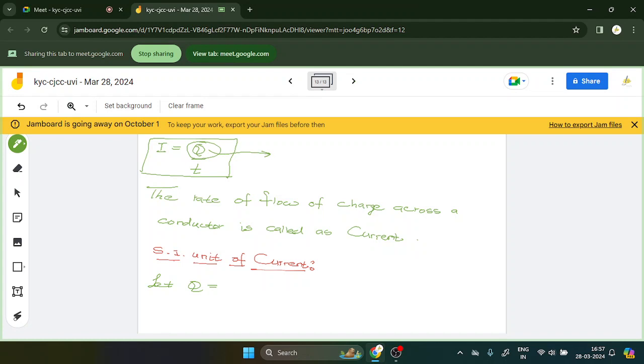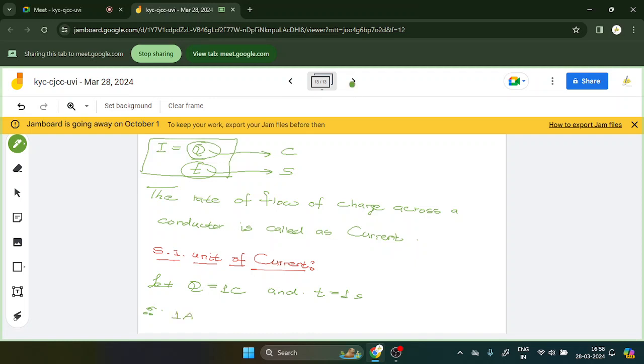Coulomb. So let Q equal 1 coulomb, and what is the SI unit of time? Seconds. So T equals 1 second. Therefore, the SI unit of current is coulomb per second, and this coulomb per second is called the ampere.